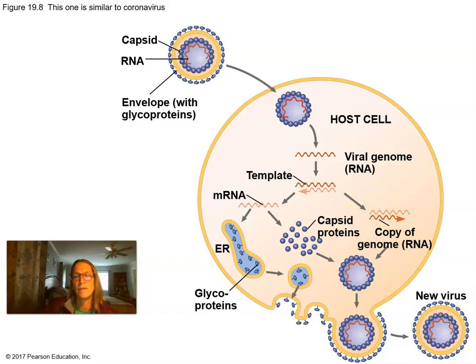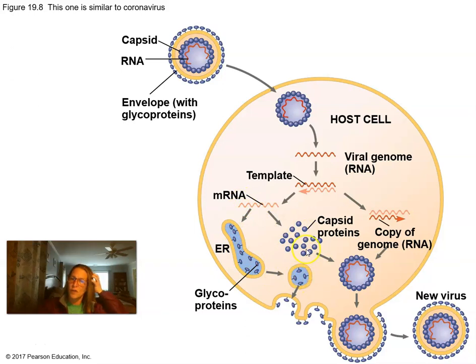So the host cell uses the enzymes that the virus had to copy the virus's genome. So here you have multiple copies of the viral RNA, and here you have other RNAs being turned into mRNA and creating the viral proteins.